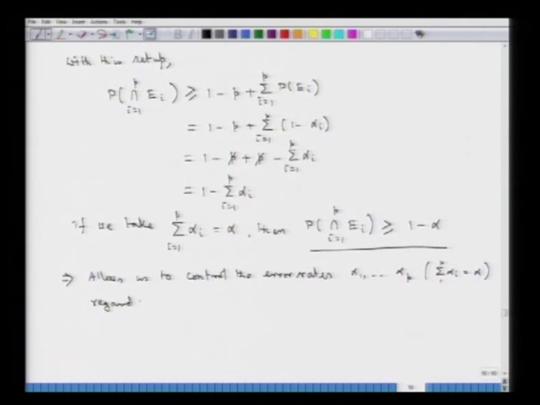This is regardless of the underlying correlation structure, which is given by the sigma matrix.